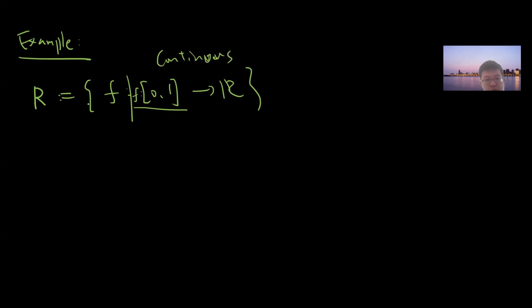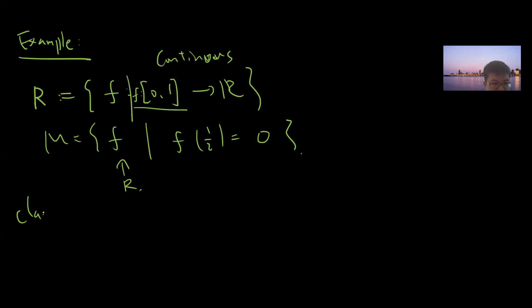Okay, so it's easy to check this is a ring. And then you take M to be all the functions f such that f(1/2) is 0. Okay, so claim: M is a maximal ideal.